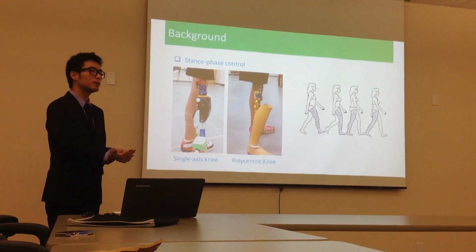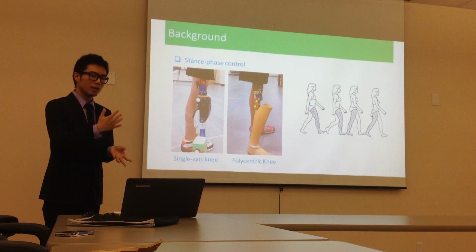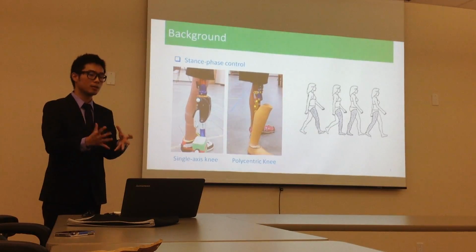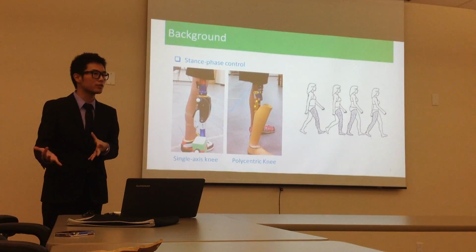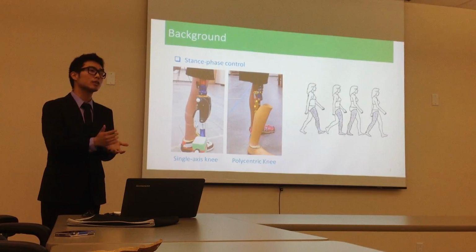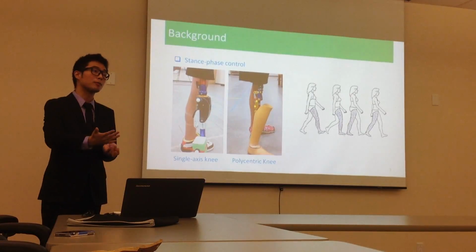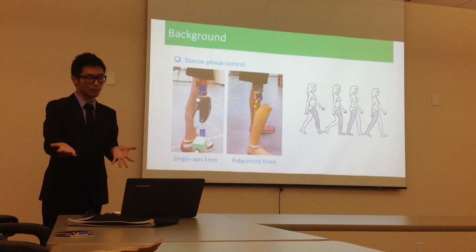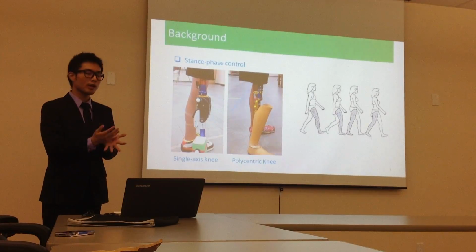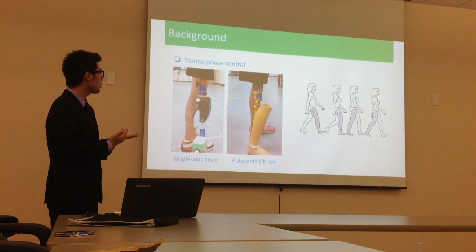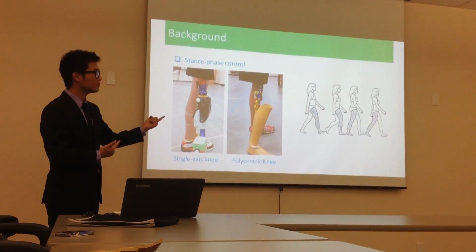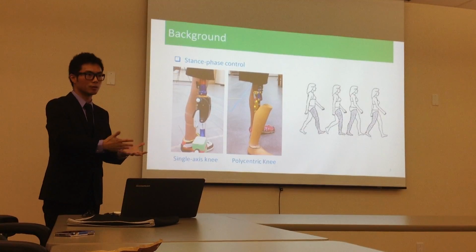So we make the improvement, and after that we compare it to the other conventional knees, to make sure that our knee can actually have better performance for the participant. We have to provide a knee that has good performance.